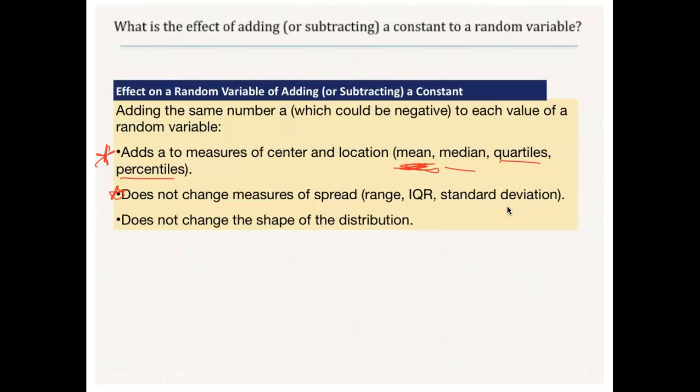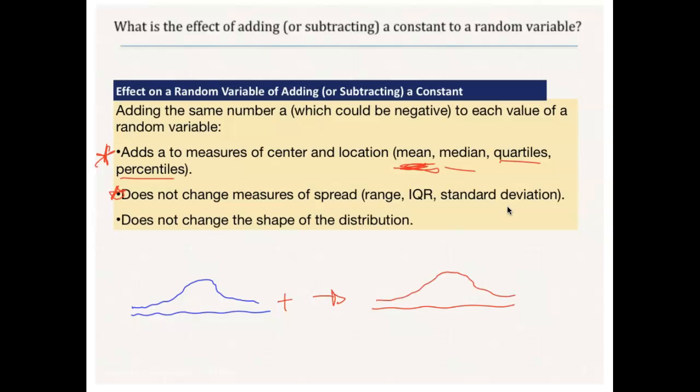And so you can kind of take this back to algebra, like the way transforming a function works, right? If you add a constant to a function, all it does is shift the function. So a distribution is just a function. So if we add to it, all that's going to do is shift the function.